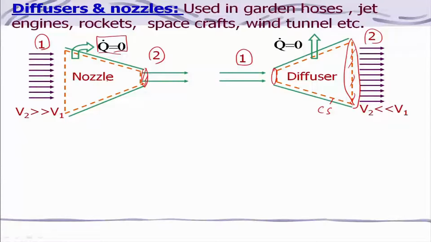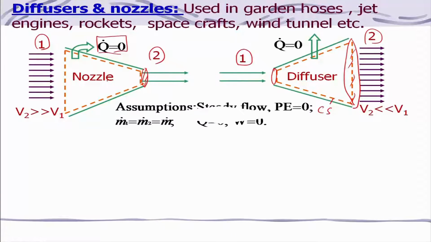And is there any work done? There is no shaft work, right. So, the work done will be 0, and the heat interaction will also be 0. The change in potential energy is also 0, because the elevation is almost similar.